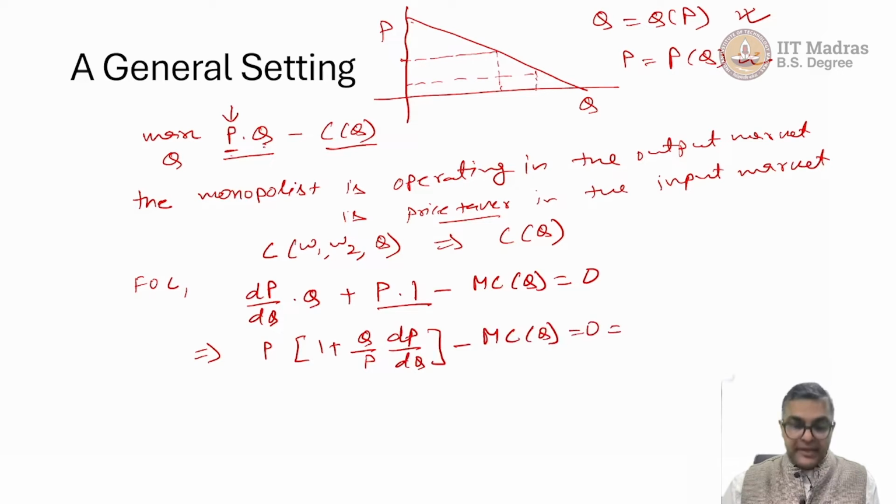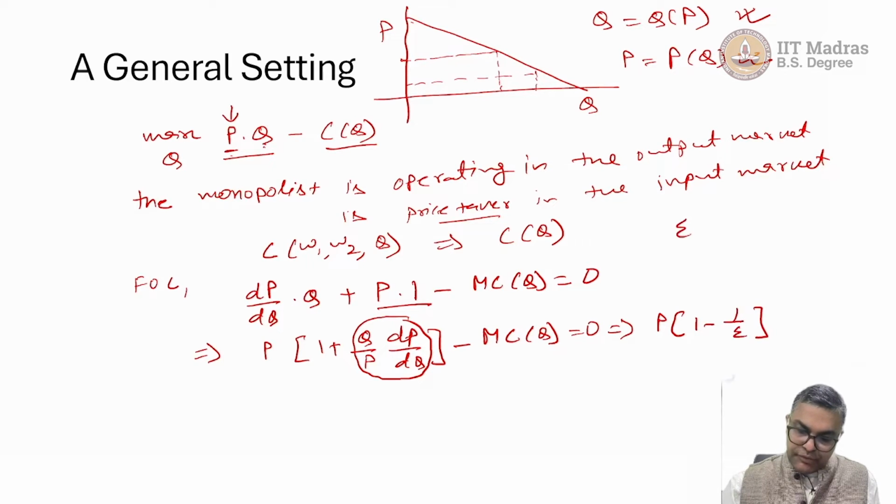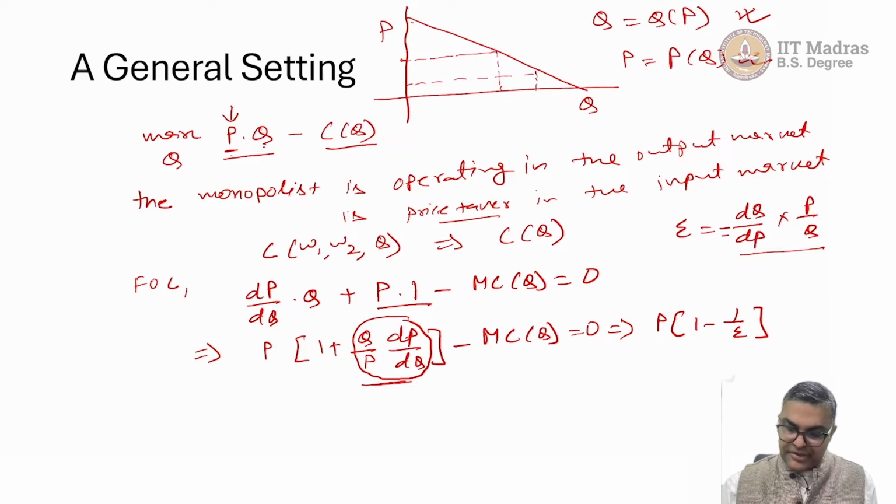This we had obtained. If you remember, this is nothing but the negative of the inverse of price elasticity of demand. So I will jump ahead. You can go back and look at that elasticity video. This can be written as, this is nothing but dQ by dP multiplied by P by Q, and if you remove the minus sign and take the inverse, this is what you get here, and that's why this is equal to MC.